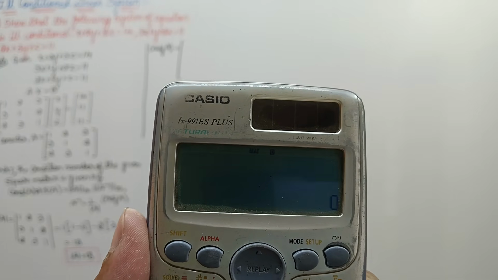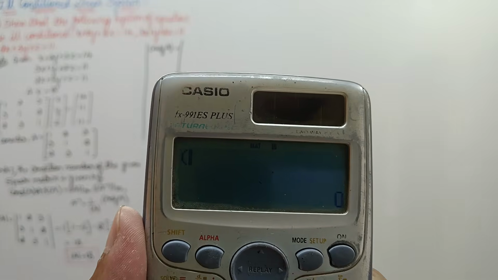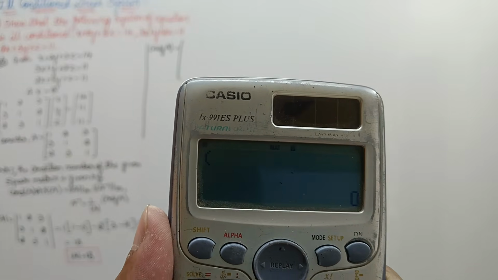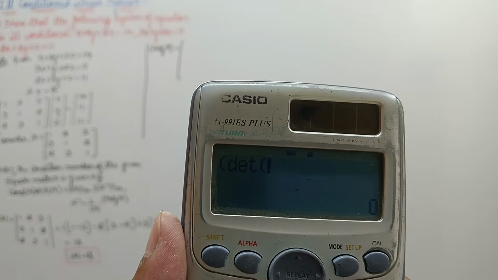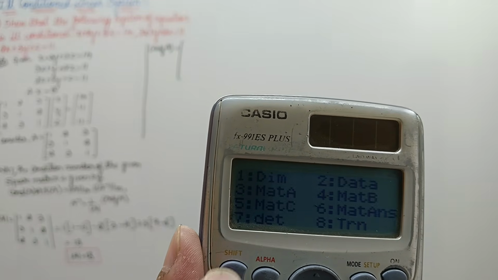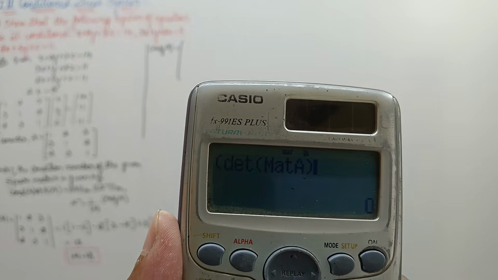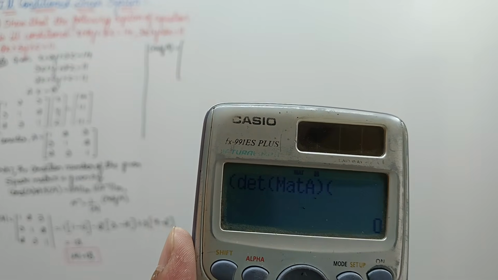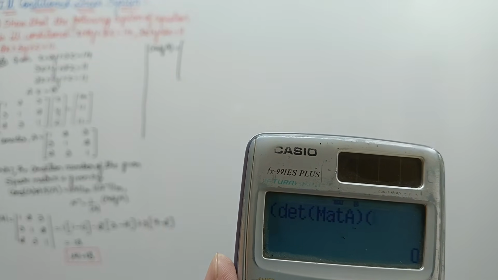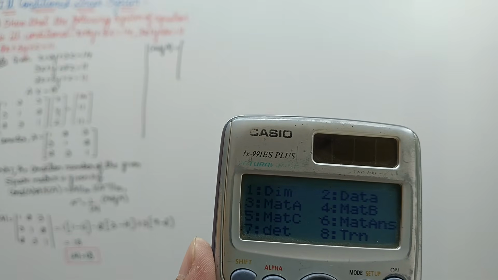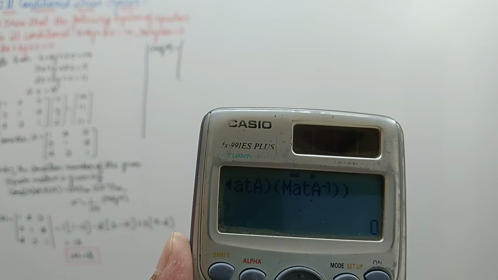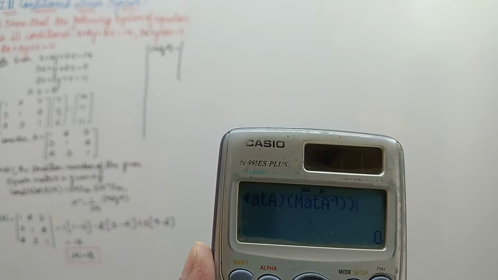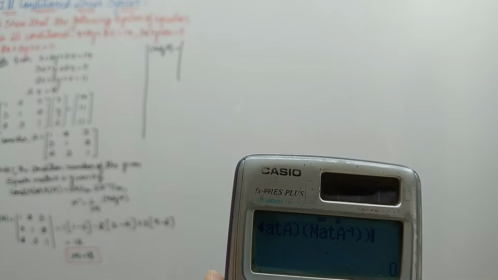After pressing AC, now how to find adjoint? Determinant of A into A inverse. Open bracket, determinant of A: shift 4, press 7 for determinant, then determinant of Mat A, shift 4 again, Mat A is 3, close the bracket, into Mat A inverse, close the bracket. Done. This will be your determinant of A into A inverse.